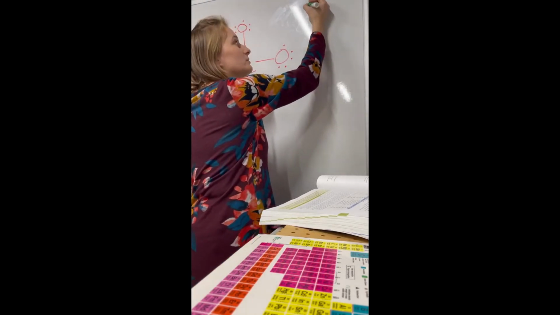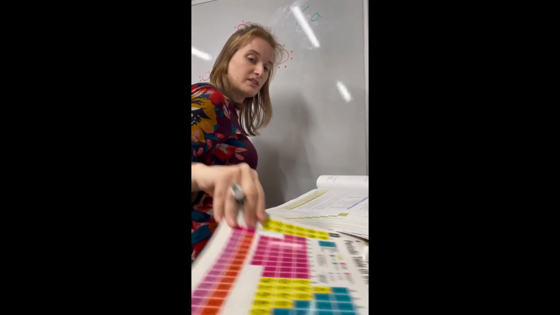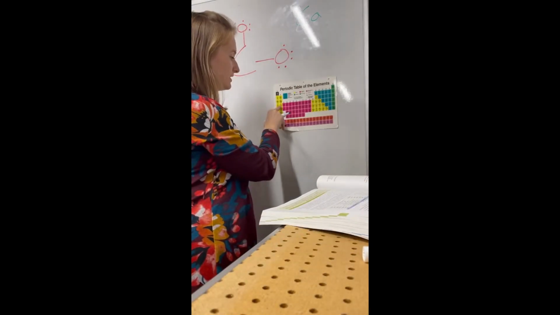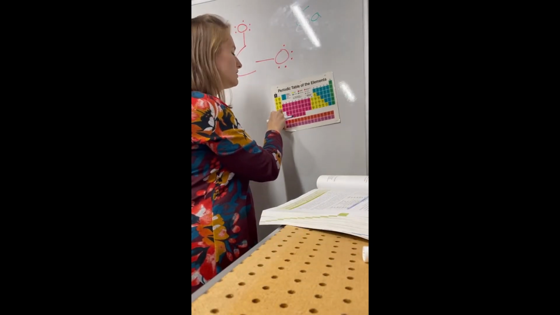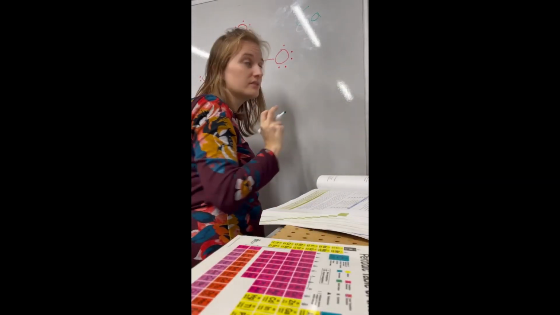So we have a calcium over here. And the calcium, from the periodic table, we know it's in the second column. So we know it wants to give away 2 electrons. It has 2 electrons in its valence shell.